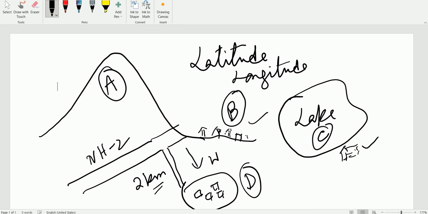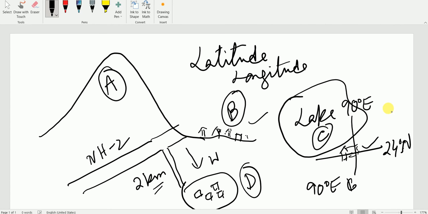So we may say, for example, here this is your house, and here the value is 90 degree east, and this is latitude, the value is 24 degree north. So you can give your answer: my house is located at 90 degree east and 24 degree north, at the intersection of 90 degree east longitude and 24 degree north latitude. So in this way, we give location or the situation of things and the places on the earth surface.